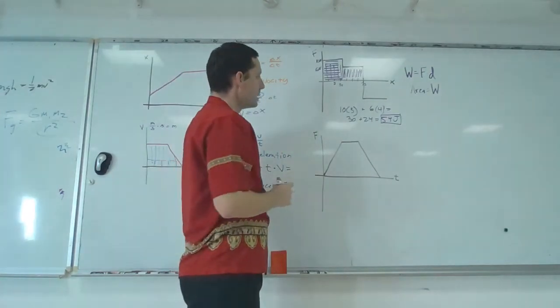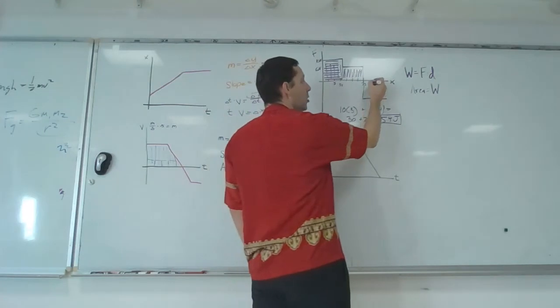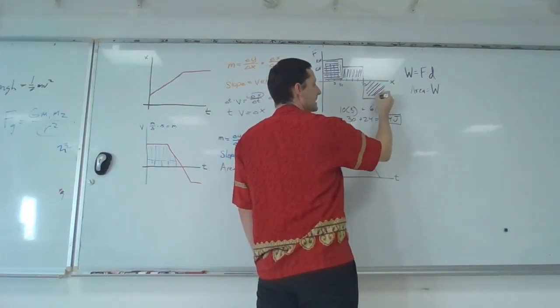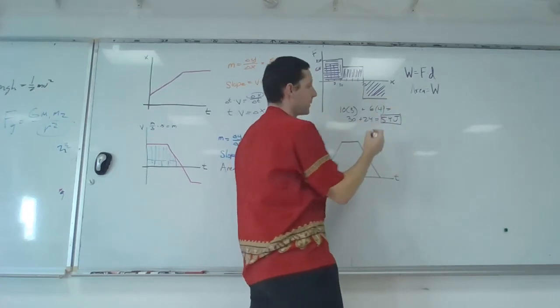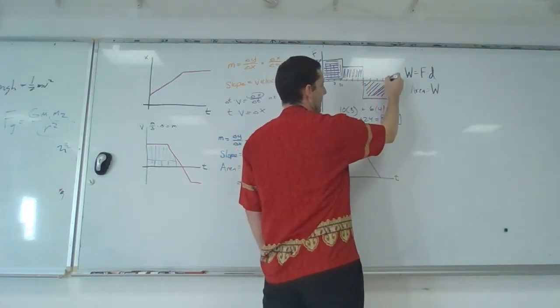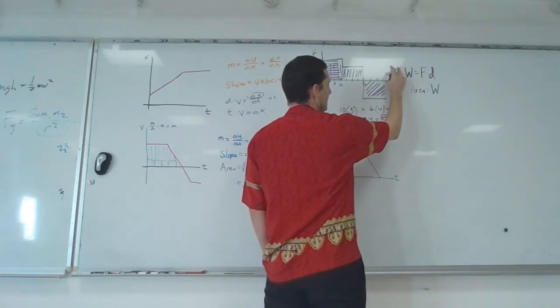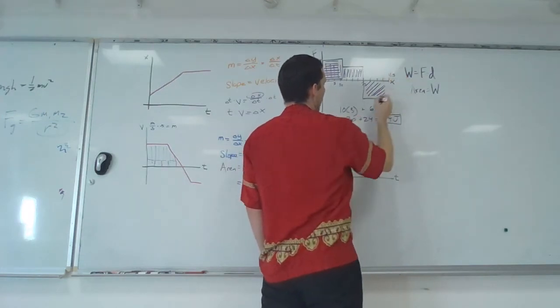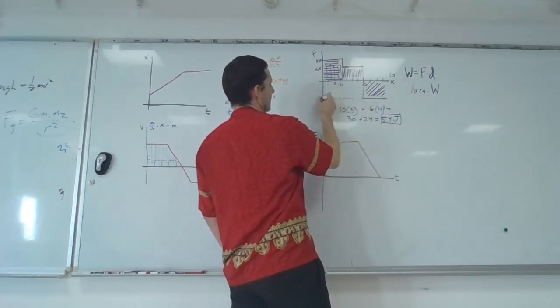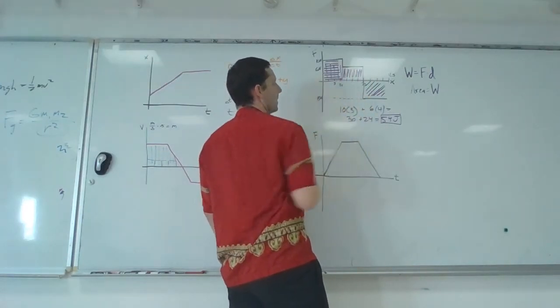All right? Of course, anything below the axis here would be considered as negative work. All right? So if we kept going, so 8, 9, 10, maybe goes up to 11 seconds there. Okay? And then this looks like maybe it's a little bit more than 6, so let's say that this is 8 newtons. All right?